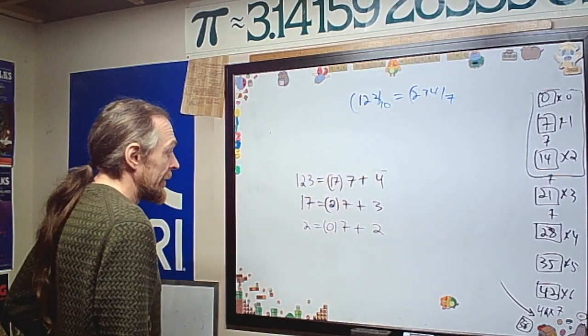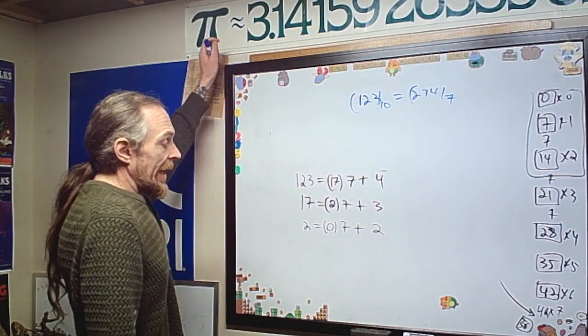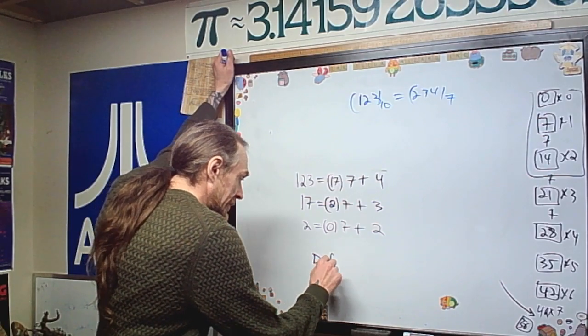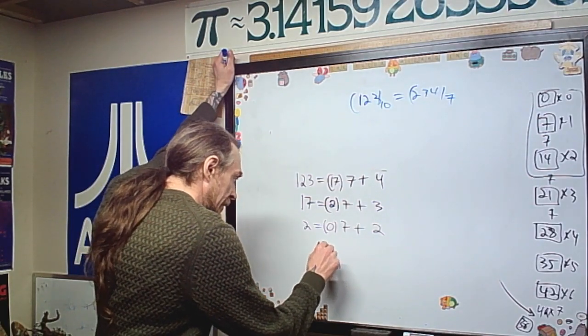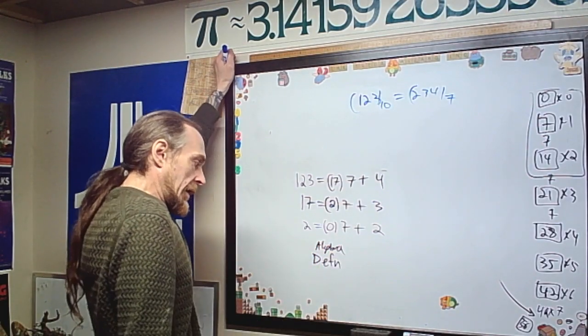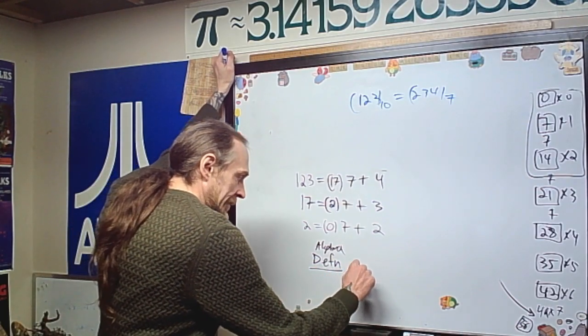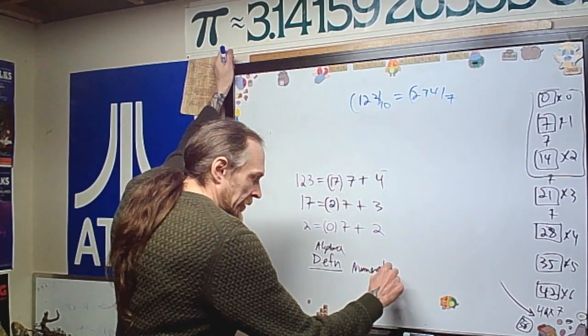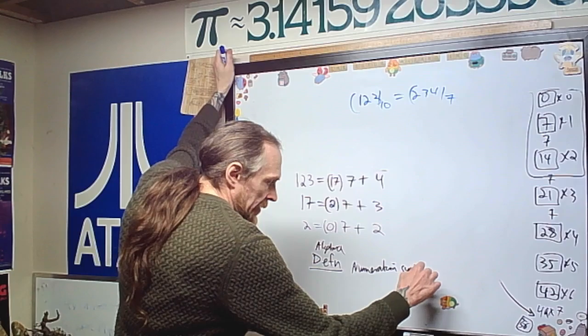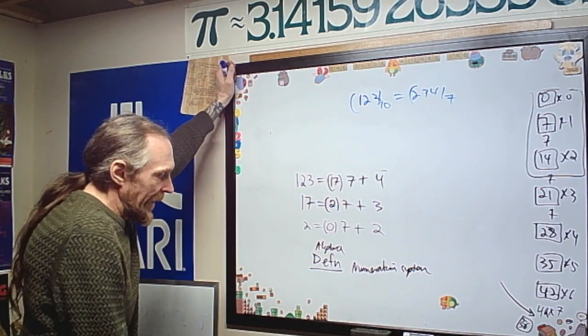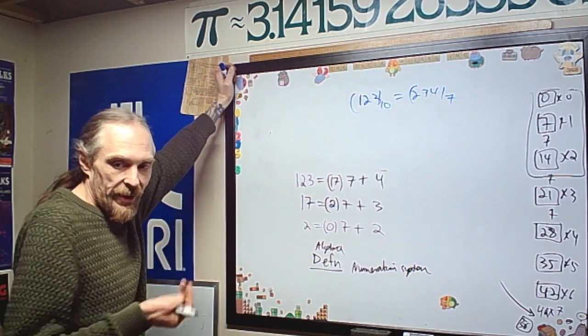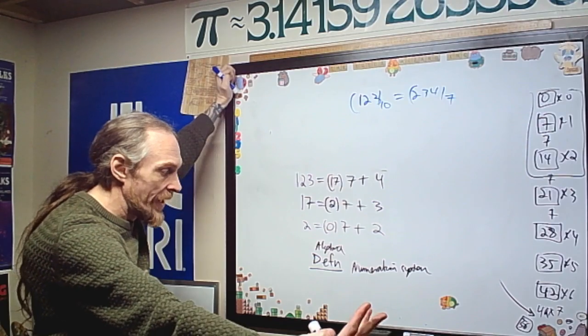But why is that? Well, because we're going to use some algebra and the definition of numeration system. So it's like a one corner problem. Basically, all I'm using is the definition and a little bit of algebra, and then it should just fall out why this is true.